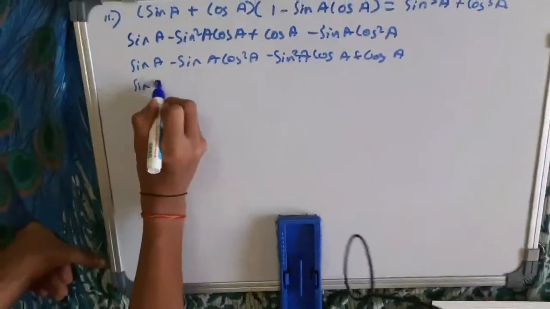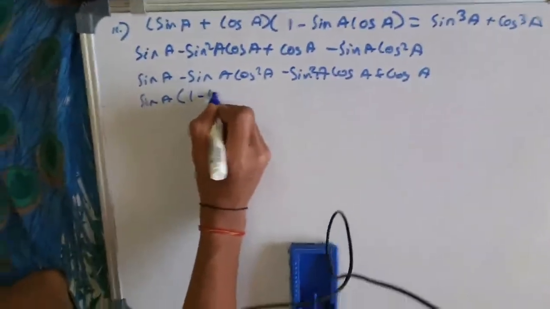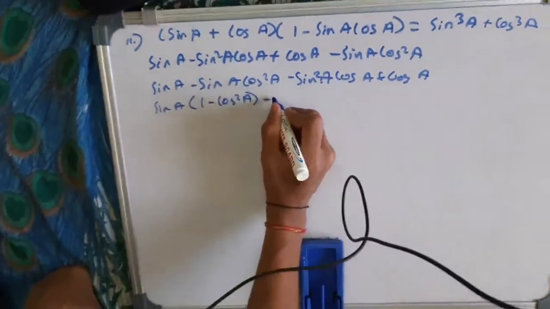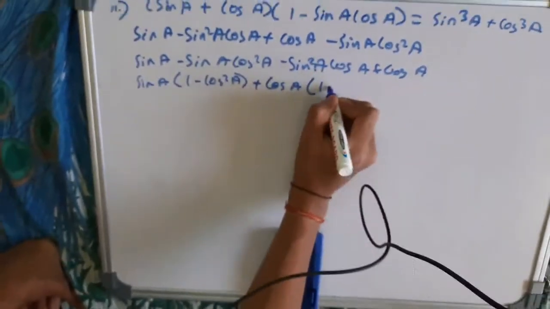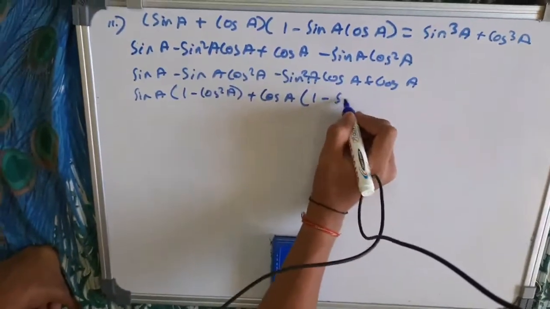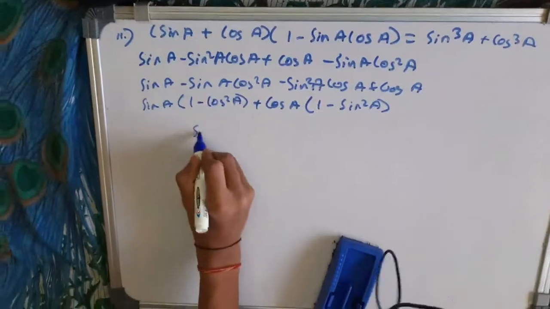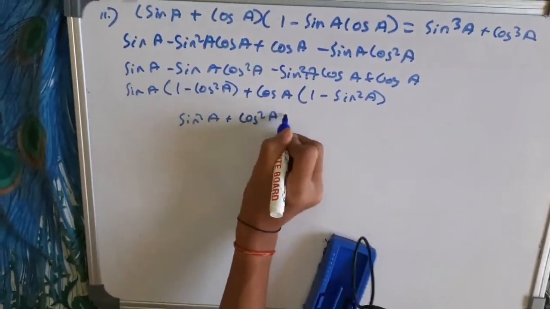Taking sin a common from here, it would be 1 minus cos square a. Taking cos a common, here it would be 1 minus sin square a. Now we know that sin square a plus cos square a equals 1.